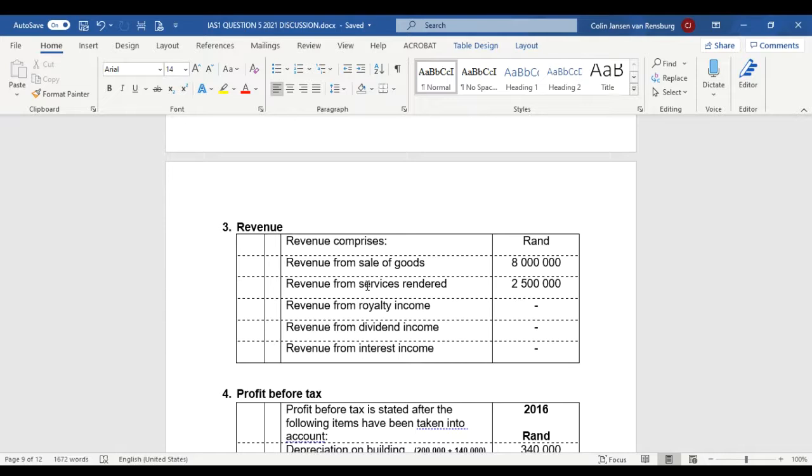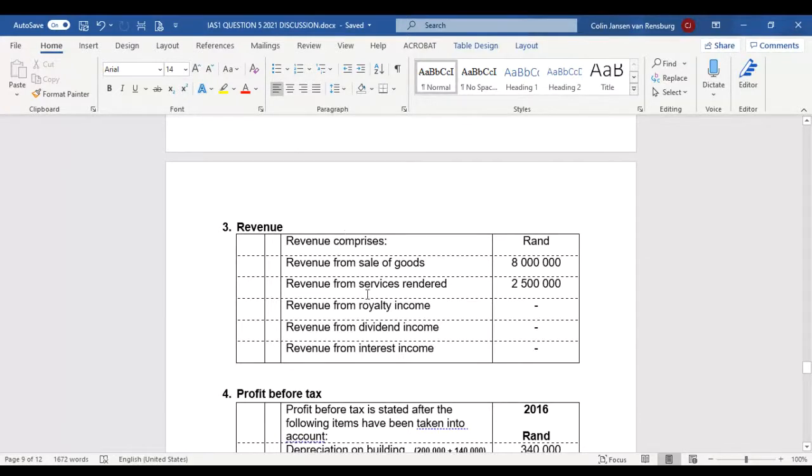So we simply state revenue comprises. We could have said revenue consists of, but it's just good style to have a little intro there, right? We obviously have our reporting currency denominated there. And now simply what we do is we provide the users of the financial statements with what the revenue consists of. Exactly what we said there.